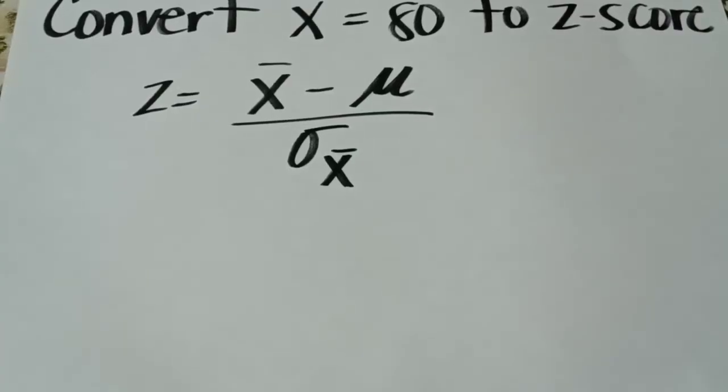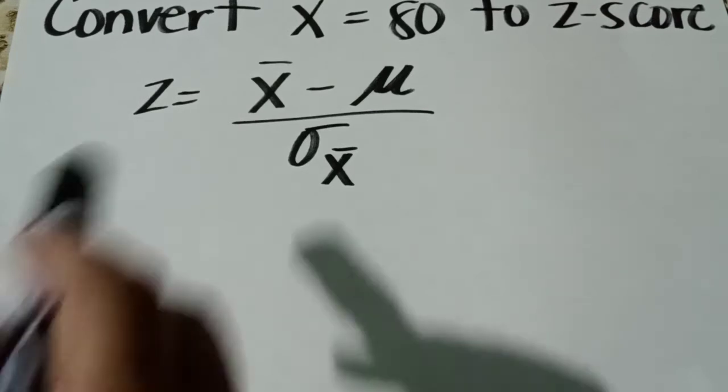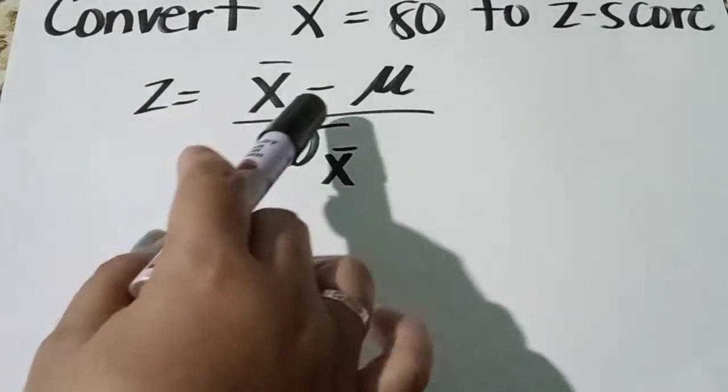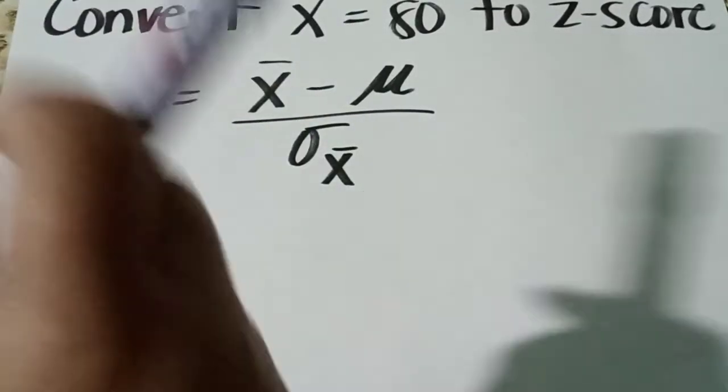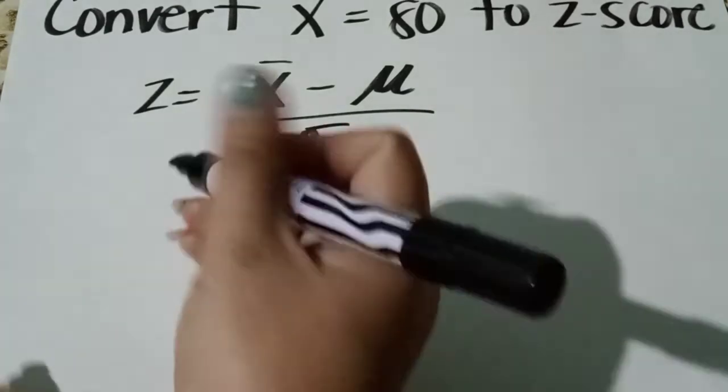Now class, after you find the standard deviation of the sampling distribution of the sample mean, let's proceed to the conversion of our mean, which is 80, to z-score. Use the formula: z-score is equal to the sample mean minus the population mean, all over the standard deviation of the sampling distribution of the sample mean. So let's substitute.